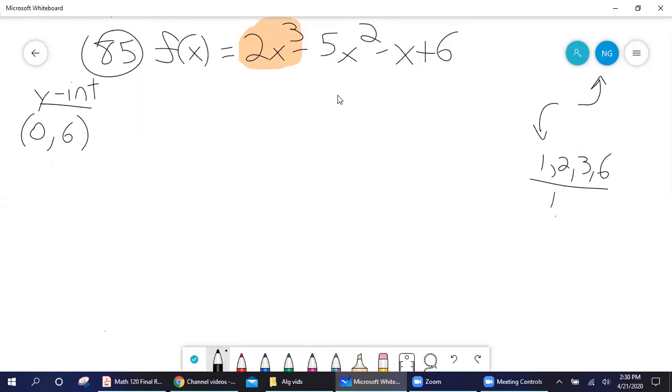That's all the factors of 2. So my possibles, I actually have a lot here. I've got 1, 2, 3, 6, 1/2. 2 over 2 would be 1. 3 over 2. 6 over 2 would be 3. So any one of these, positive or negative.